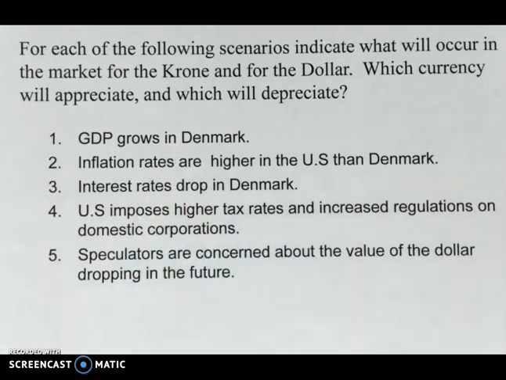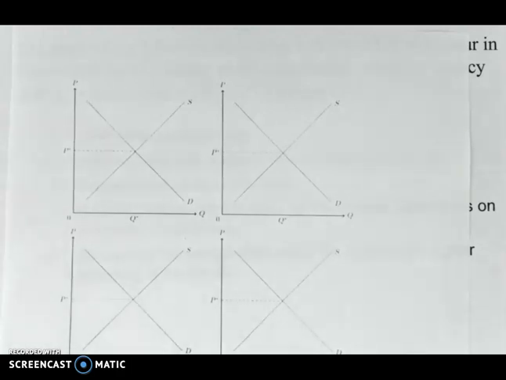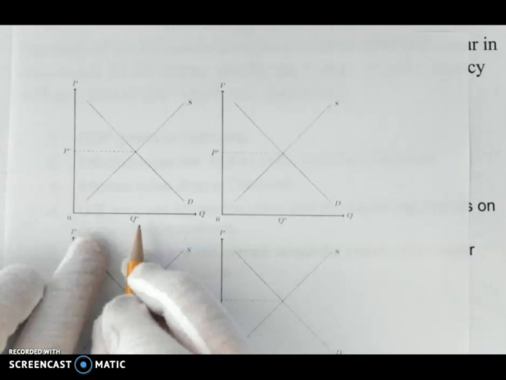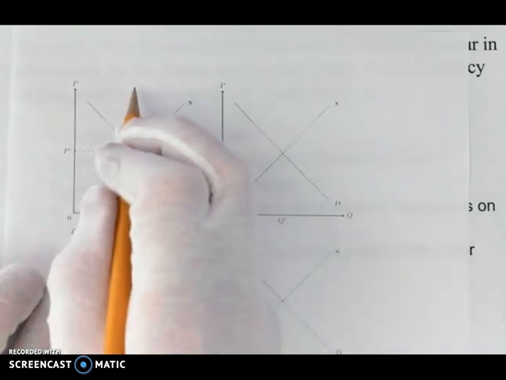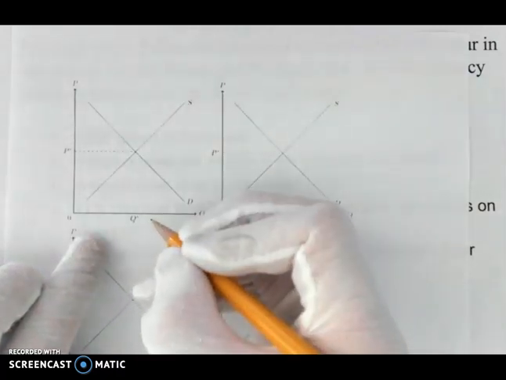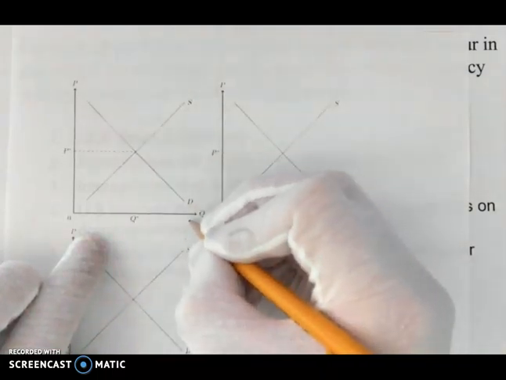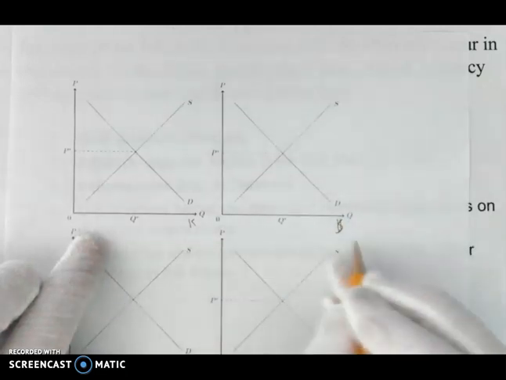To illustrate this, let's go to a model of supply and demand. And if you recall, in a previous lecture, we had the Mexican peso and the US dollar. But here, we're actually going to have the Danish krone. So down here under quantity, it's going to put krone, and then I'll just put dollars here for US dollars.